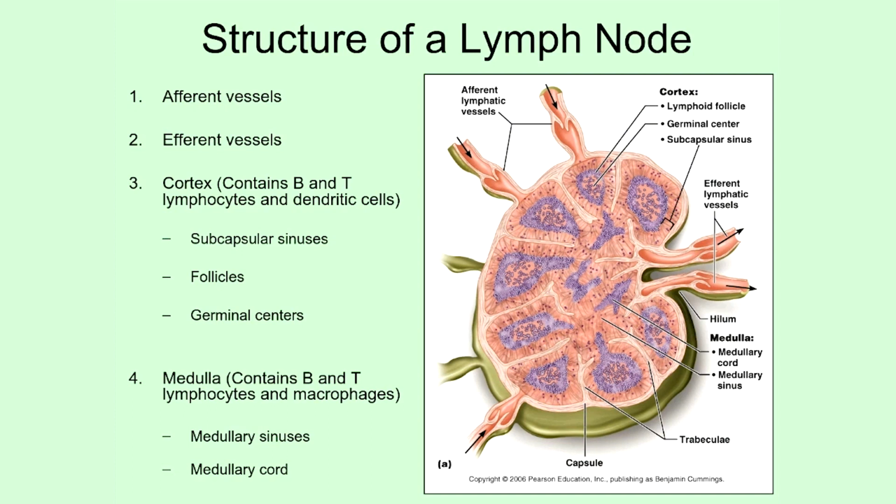So they provide basically an anchor for macrophages so that as lymph is moving into the lymph node, and remember, lymph is a fluid, it's moving through these sinuses and eventually out the other side, these macrophages can kind of hold onto the stroma and they can watch the lymph as it's flowing by.